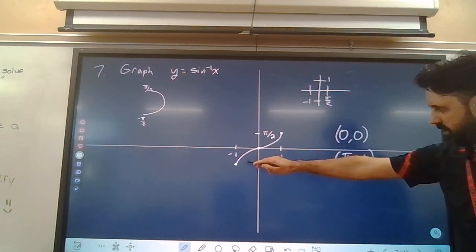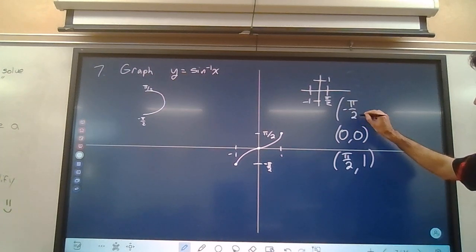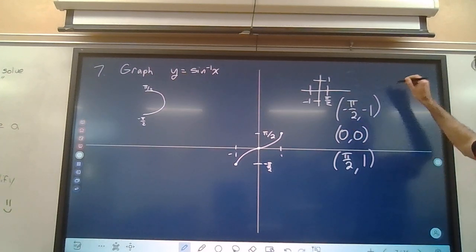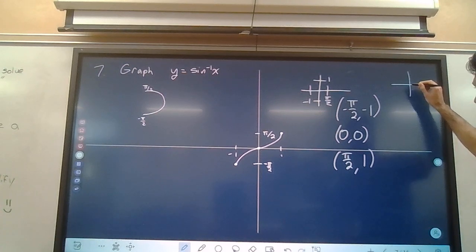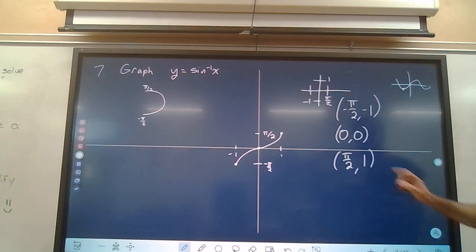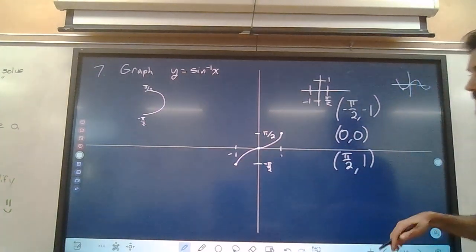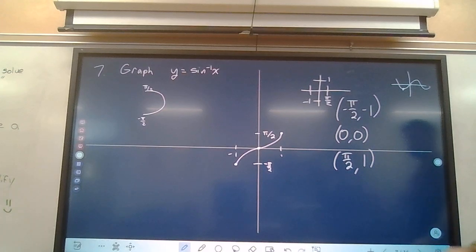And again, this one's kind of tricky. You'd have to take the point negative pi over 2 comma negative 1 on the original sine graph. So this point right here, okay? And flip that one into negative 1, negative pi over 2. All right, but that's the graph of inverse sine.